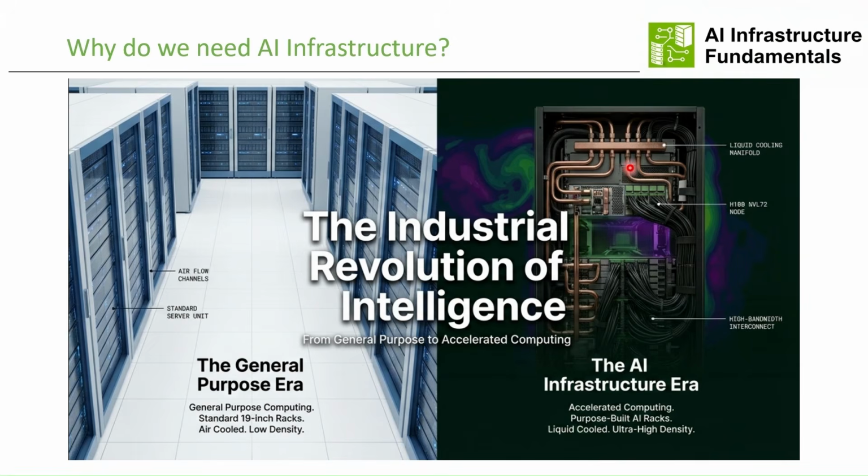And that's what you can see on your screen, the liquid cooling manifold, where you have pipes using which liquid is sent to cool down the chips. And then we need a huge amount of bandwidth to cater to the AI workloads. That's the reason you see here high bandwidth interconnect, and I'll explain what those interconnects are in the upcoming slides.